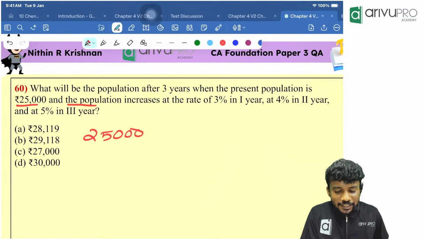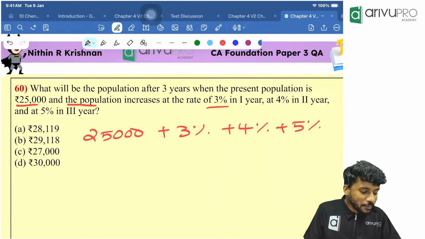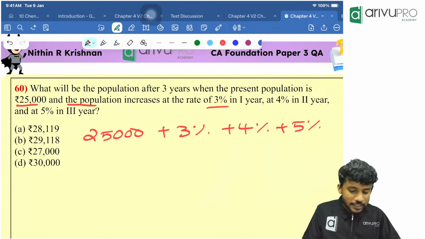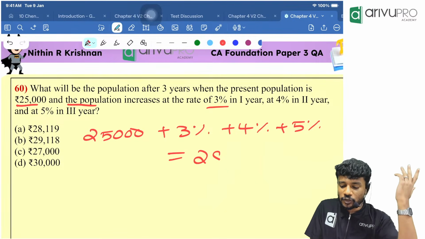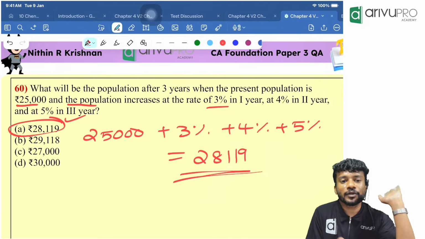Population increases at a rate of 3% for the first year, 4% for the second year, 5% for the third year. How much is the answer, people? 25,000 plus 3% plus 4% plus 5%. How much is it, people? 28,119.